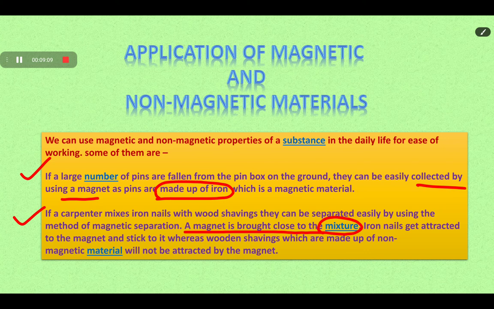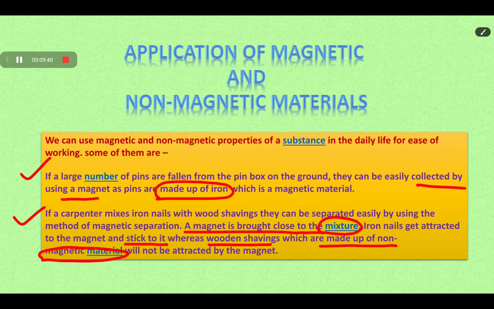When the magnet is brought close to the mixture, then the iron powder, which is a magnetic material, is attracted to the magnet, and that iron sticks to the magnet, whereas the sawdust or the wooden shavings are made up of non-magnetic material, so that sawdust is not attracted to a magnet.